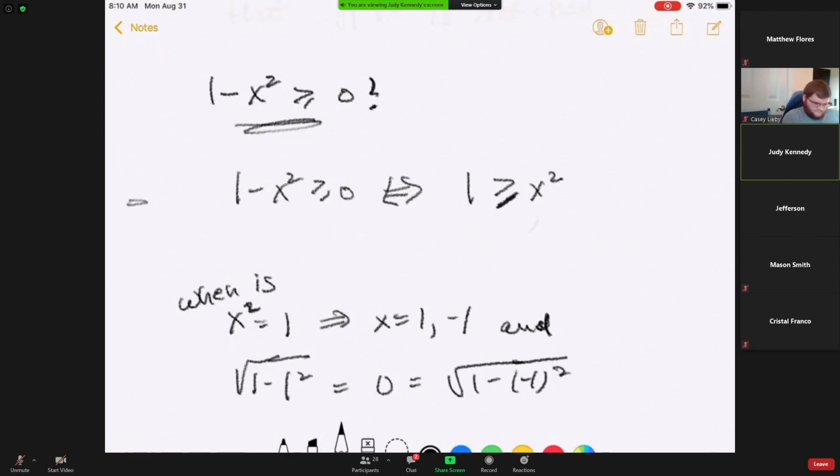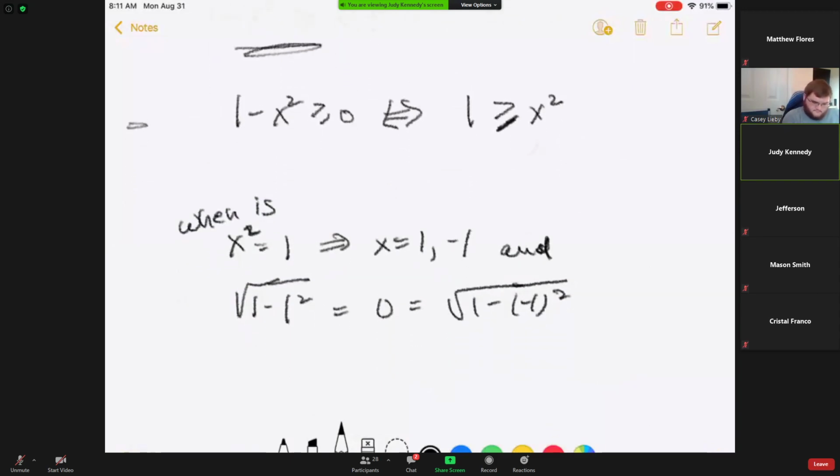Yeah, you get 0 for the square root of 1 minus x squared at 1 and -1.